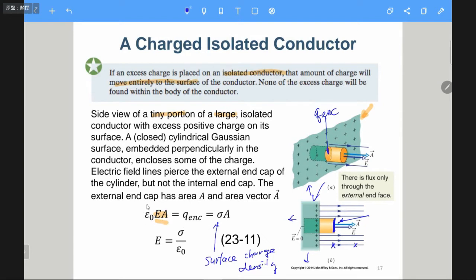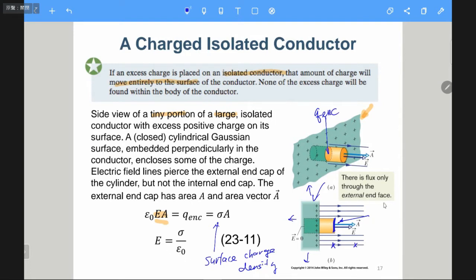Looking at both sides of the equation, we can cancel A on both sides. So it turns out to be E equals sigma over epsilon naught, which is nothing but a constant, because sigma is a constant. We assume the charge density on the surface is uniform, and epsilon naught is of course a constant.